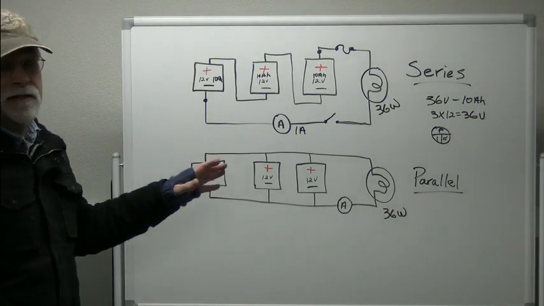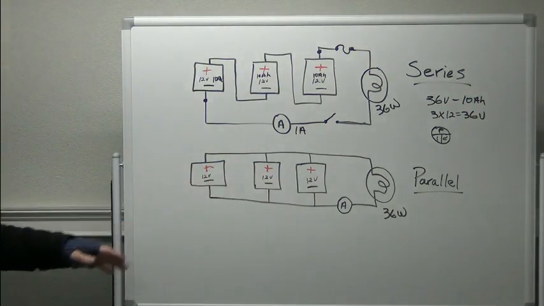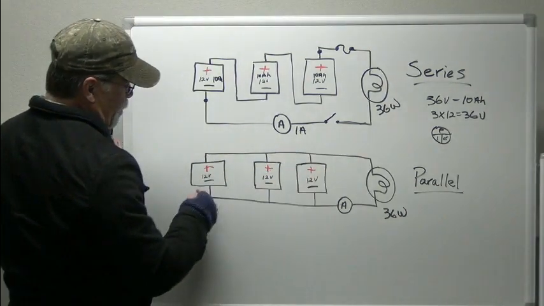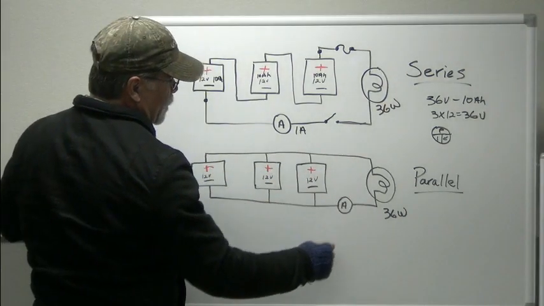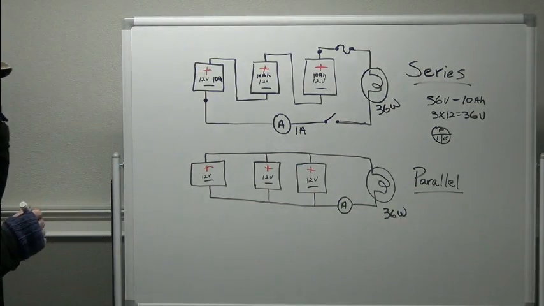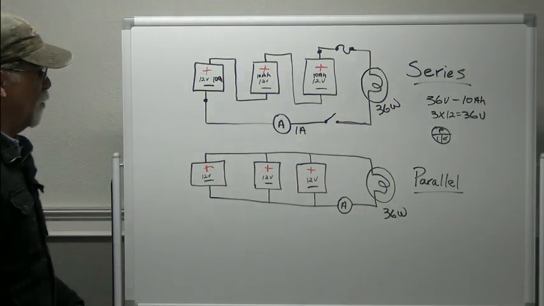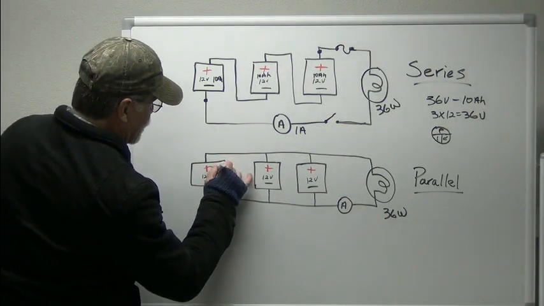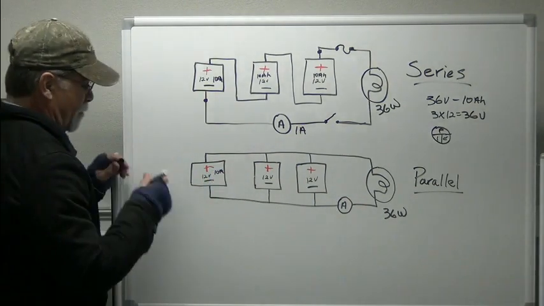Now we're going to contrast that to the cells that are put in parallel. In parallel, all of our positives are wired together and all of our negatives are wired together. We're still using 3 12-volt batteries. We're going to again assume that these all 3 are 10 amp hours.